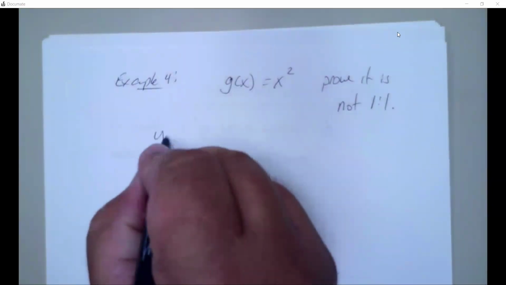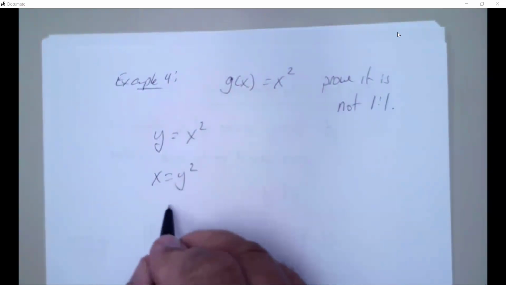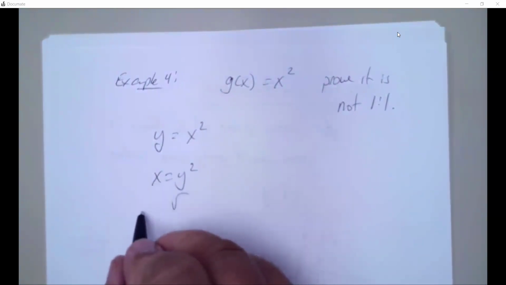Tell me what we got. y equals x squared, switch x and y, so x equals y squared, and square root both sides.